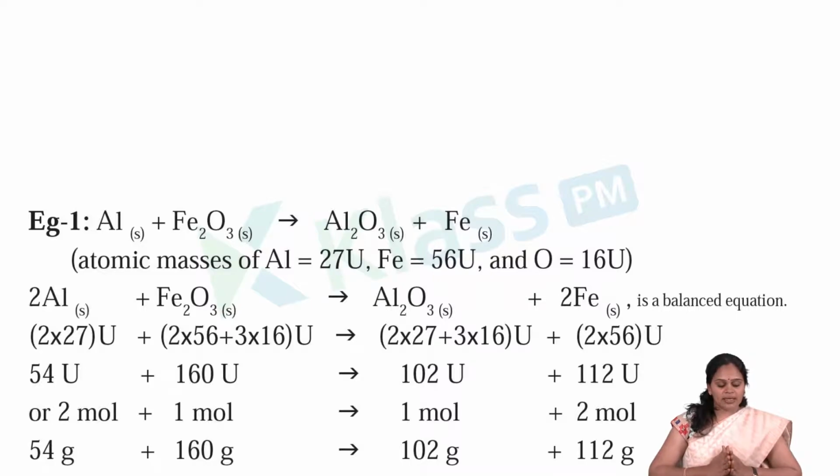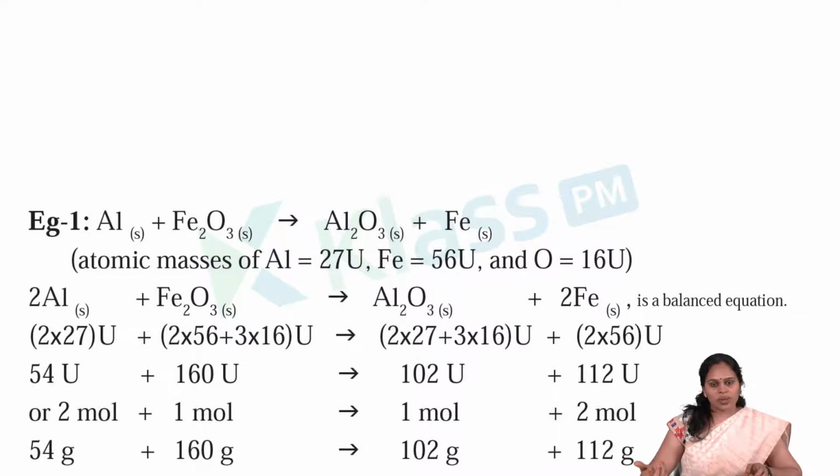If you represent it in grams, 54 grams plus 160 grams of Fe2O3 gives you 102 grams of Al2O3 and 112 grams of iron.